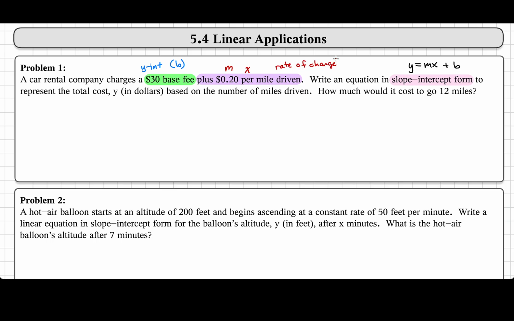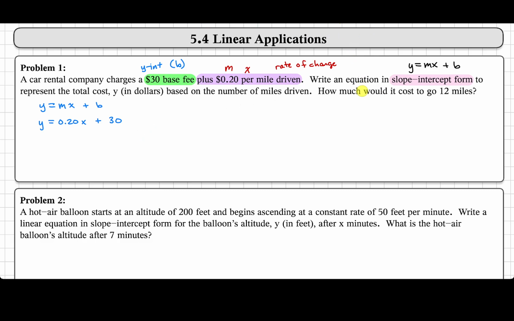Now we'll set it up as an equation, y equals mx plus b. We know m and we know b now. So y is equal to 0.20x plus 30.